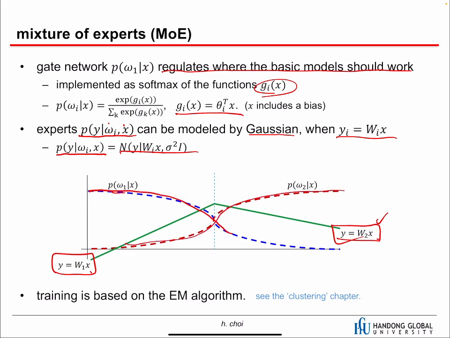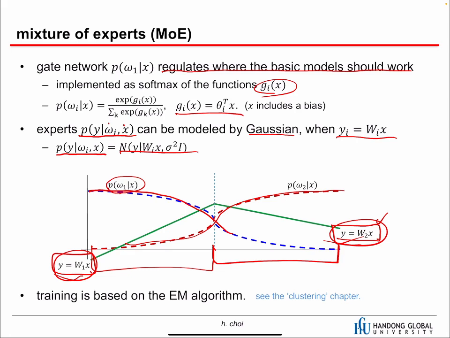And when the first model is more dominant on this range, then we use this model. And when the second model is more dominant, then we can use this model. More importantly, the gates define the location, the area of the experts, the local model.